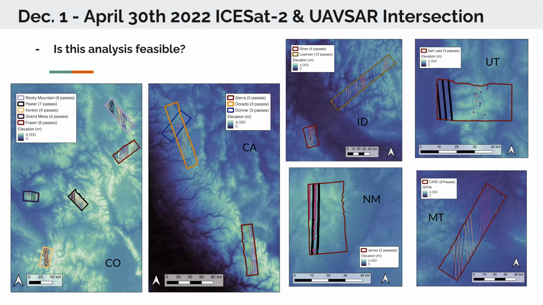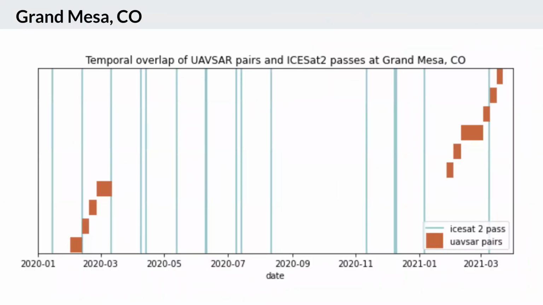Next here, you again. Me again. So the other part of the feasibility element is not only looking at the spatial overlap of these two sensors, but also the temporal overlap. This is a plot that shows that for Grand Mesa. These vertical blue bars are ICESat2 passes over Grand Mesa, and the horizontal red bars are UAVSAR pairs over Grand Mesa.